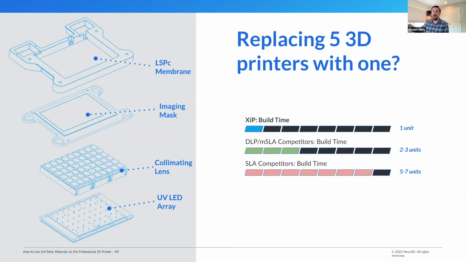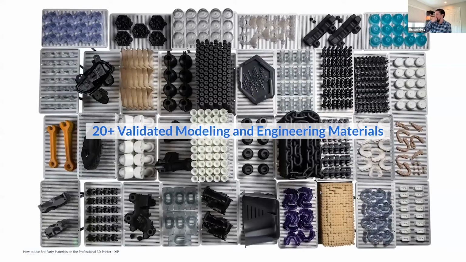You would need about 5 to 7 printers to match that throughput. Some of the most popular resin 3D printers out there right now are SLA, and that is not a typo. You could basically replace 5 SLA printers with one XiP. It is that fast. So, just something to think about. But like I said, we're all about ultra fast 3D printing, and that's no joke.